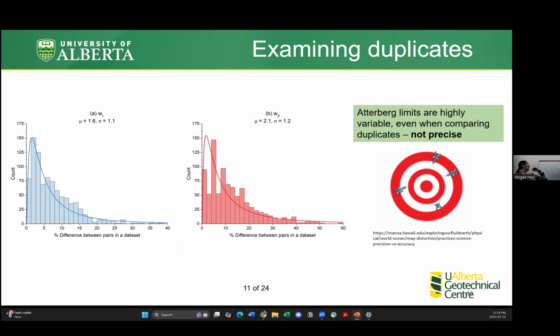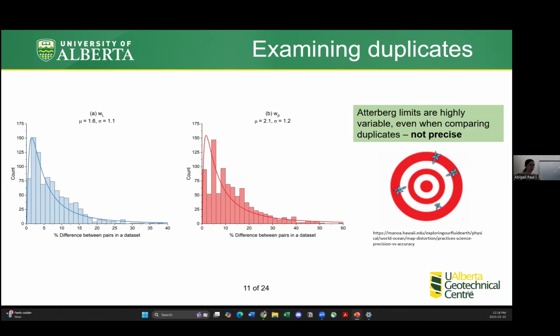So they performed liquid limit and plastic limit tests on the same sample of tailings, and you would expect to get the exact same result because they're duplicates. But in fact, while you typically get a fairly low difference between the duplicates, you can really get a range of values that are possible.